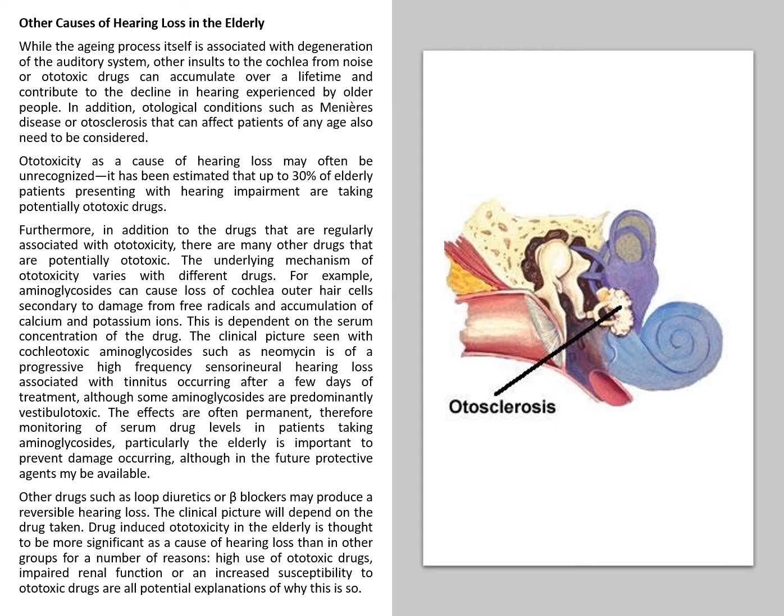Drug-induced ototoxicity in the elderly is thought to be more significant as a cause of hearing loss than in other groups for a number of reasons. High use of ototoxic drugs, impaired renal function, or an increased susceptibility to ototoxic drugs are all potential explanations of why this is so.